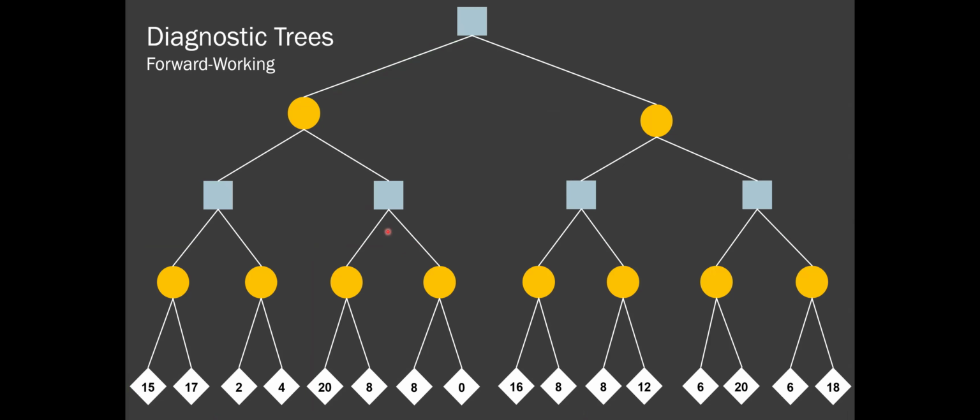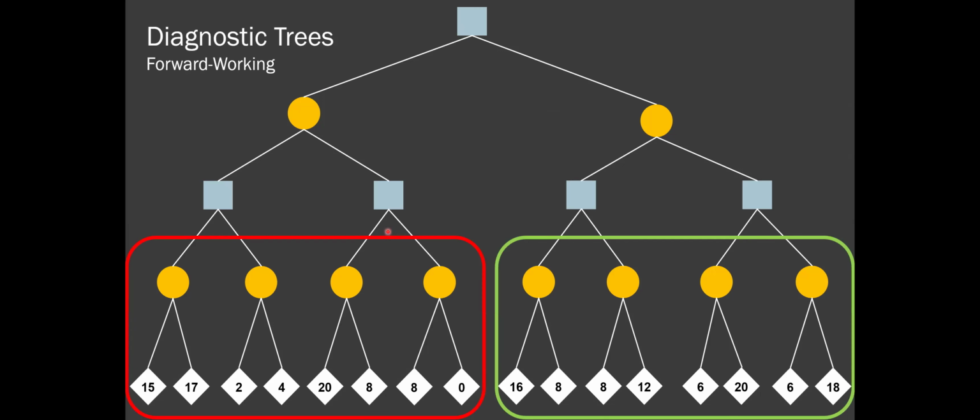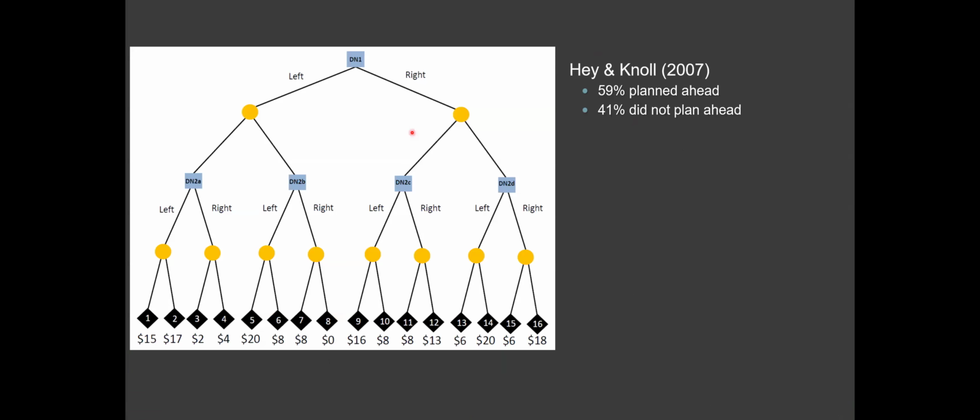But if you don't plan ahead, if instead you're what Hay and his colleagues would call a forward worker, then you just treat everything on the left as one big lottery and everything on the right as one big lottery. And if that's the case, then it turns out that moving right has higher expected value than moving left. And so they use this sort of strategy to categorize people as planners and non-planners.